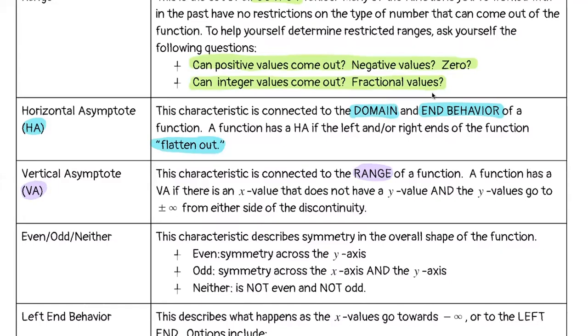There's almost like there's something missing. And the y values go to positive or negative infinity from either side of that point. So it goes up or it goes down. That's an indicator that we have a vertical asymptote, okay?